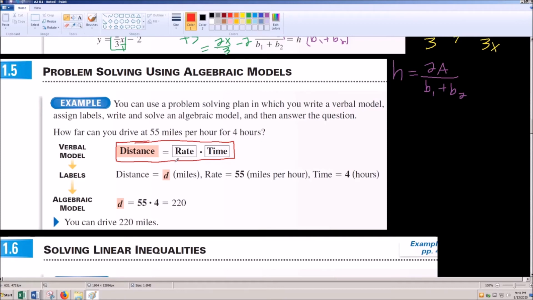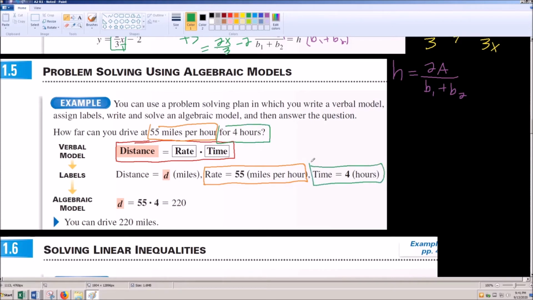So in this example, we're seeing how far can we drive at 55 miles per hour for 4 hours. Well, I'm told the rate is how fast I'm going. So my rate is 55 miles per hour. I know how long I'm doing that for. That's my time. So my time here is 4 hours.